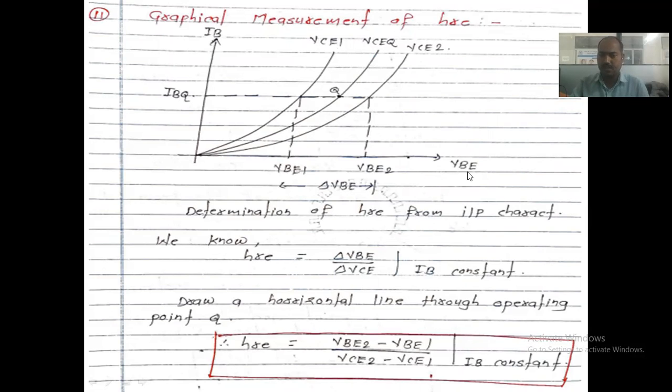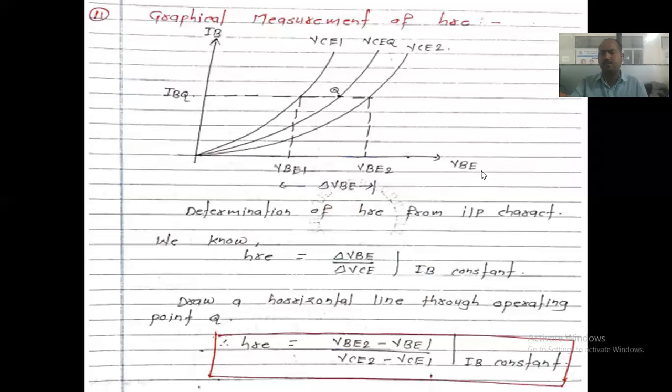So in this case, we need VB versus VC, because for hre we need the input to output ratio. So this is the input voltage, this is the output voltage. For the graphical measurement of hre, we plot the graph of VB versus IB.